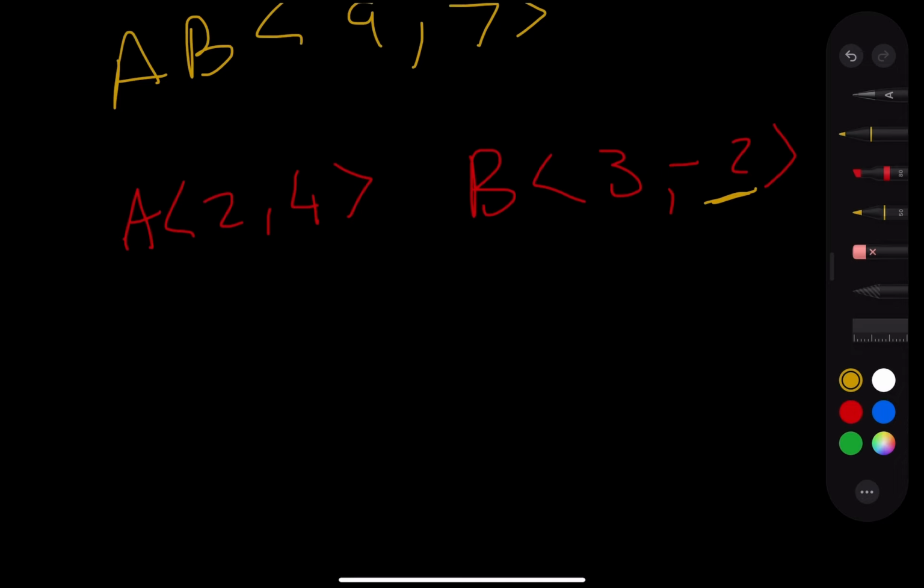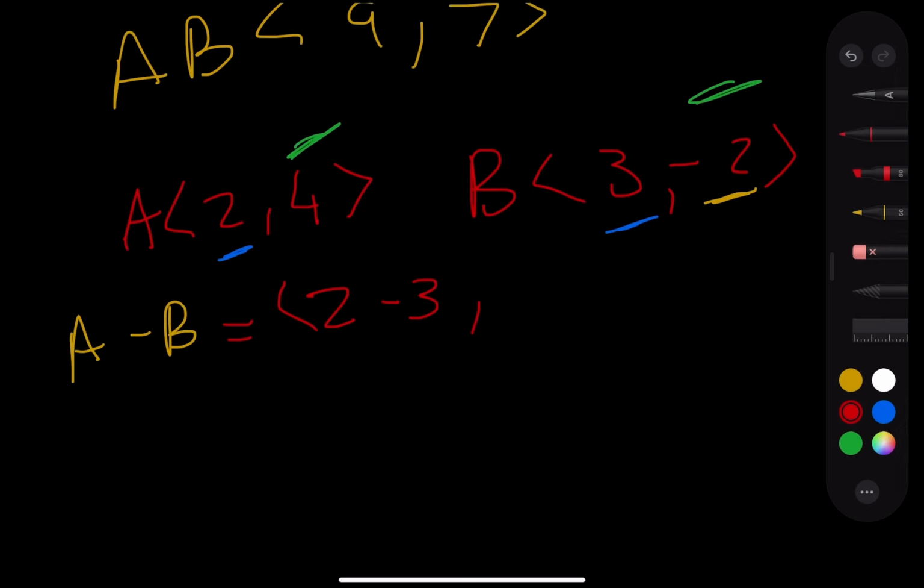Just get comfortable with that. So if I ask you what is A minus B, again, same as we did with addition, you're going to take these two components together, and we're going to take these two components together. And so what we'll end up with is 2 minus 3 as our first component, and then 4 minus minus 2.